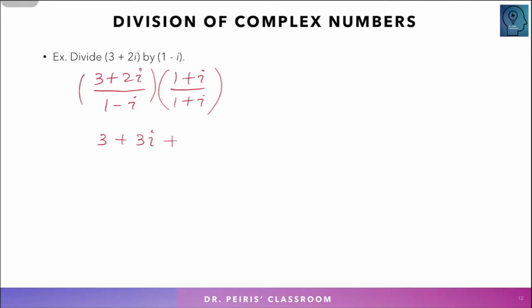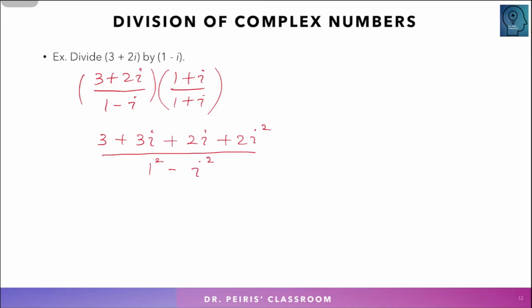Then you're going to multiply by 2i. 2i times 1 is 2i, 2i times i is 2i squared. And then the denominator. We're going to have the difference formula: 1 squared minus i squared.